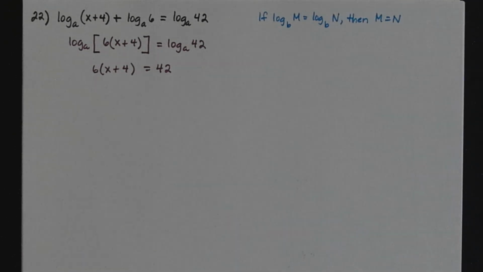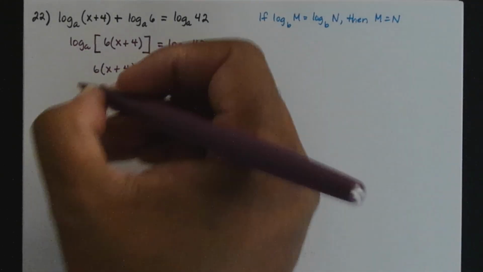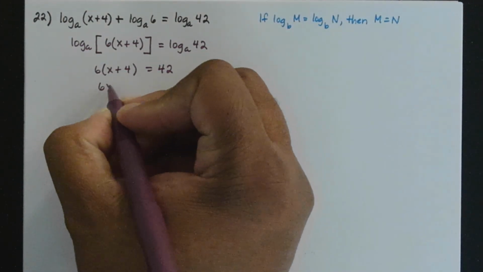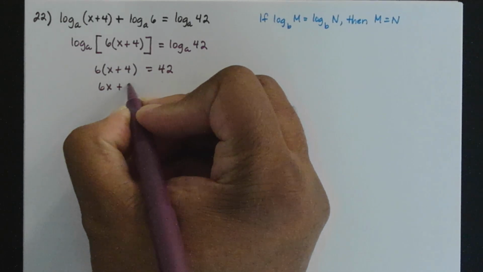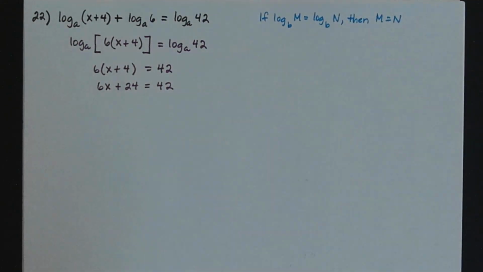And then we can solve this equation for x. So here, if I distribute the 6 over the x plus 4, I would get 6x plus 24, and that's equal to 42.